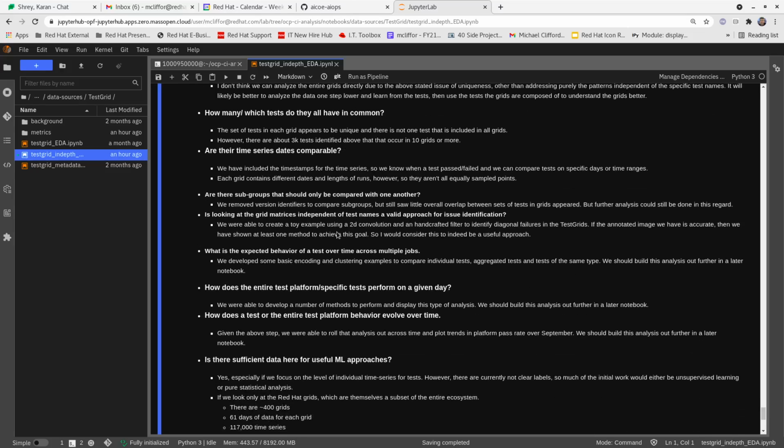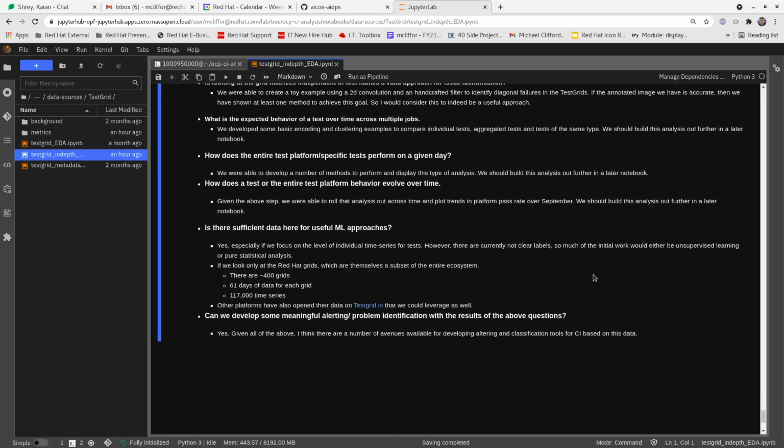And there are also methods that we can use to take this data and convert it into compact 6-dimensional or n-dimensional objects that we can start to compare. We can also look at how the platform behaves on a given day, and how that can evolve over time.